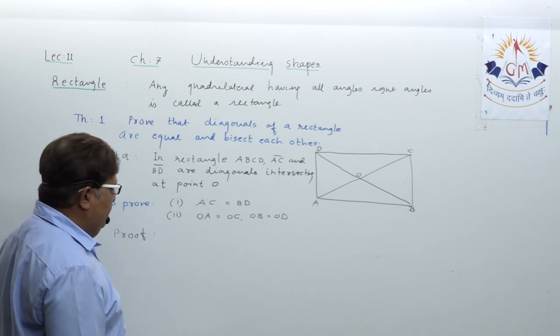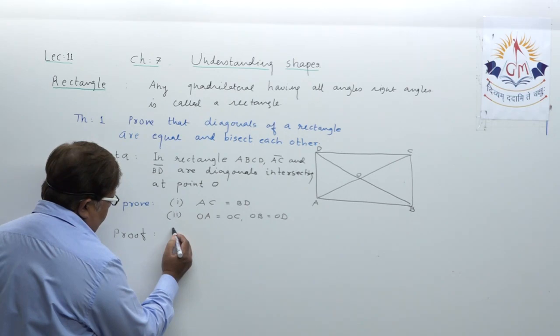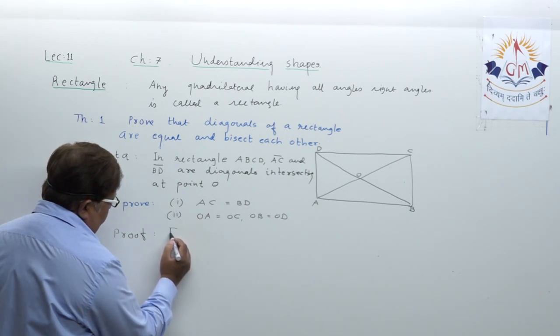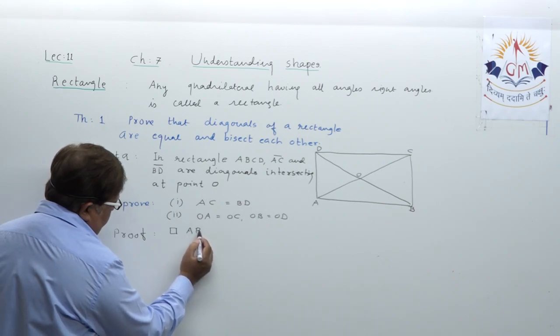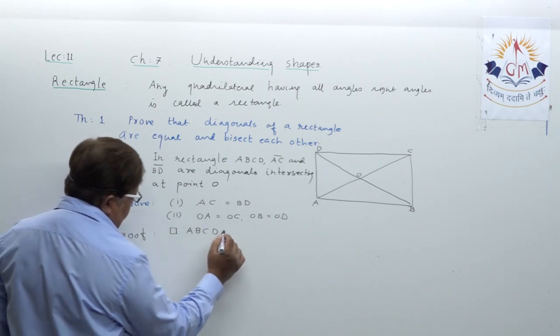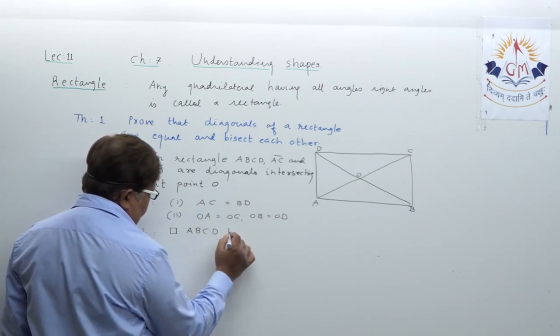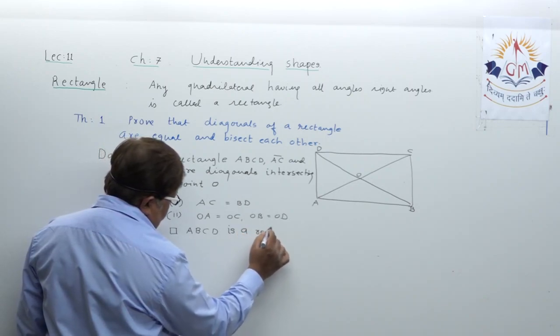How can we see, dear student? Let us write, write with me: quadrilateral ABCD is a rectangle, that we know. Okay?